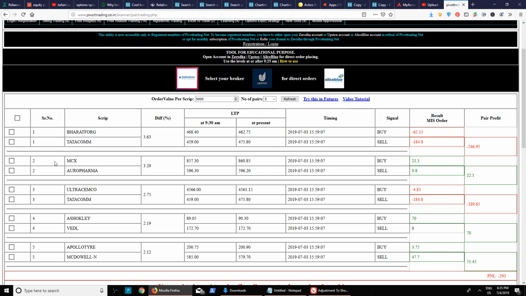The second one would be MCX and Oro Pharma, and so no, I think this is yesterday's trade. I'm sorry. Let me go through it. Oh yeah, I think this is exactly the trade.